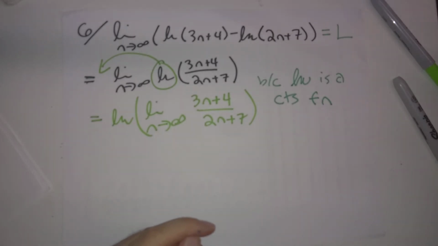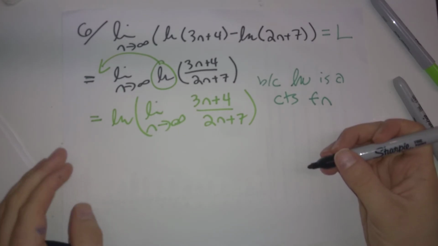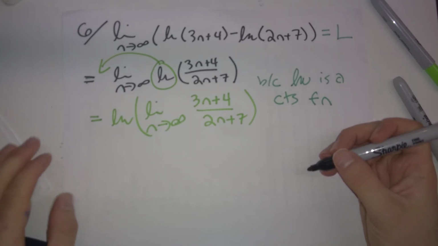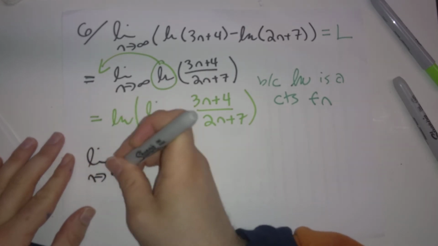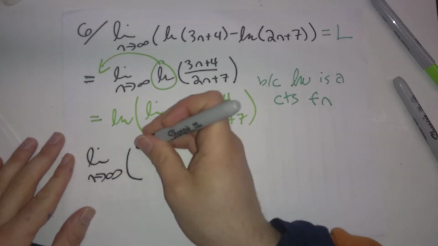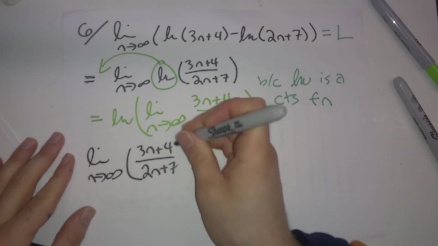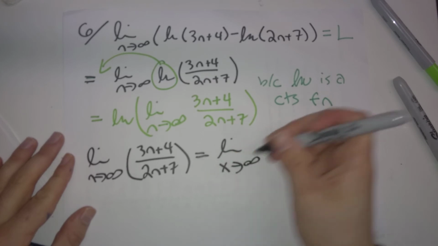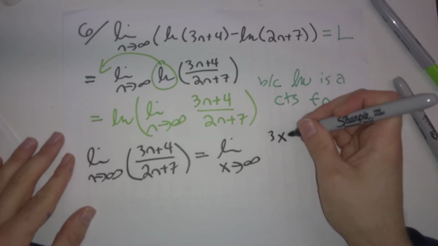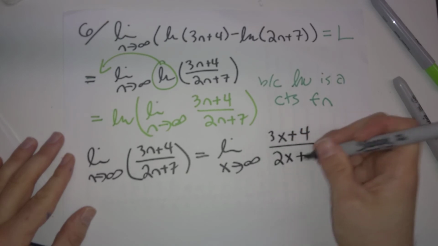The reason I'm bringing this up is so I can transform the n's to x's and use L'Hopital's rule. So the limit as n goes to infinity of 3n plus 4 divided by 2n plus 7 is equal to the limit as x goes to infinity of the same expression. I'm just replacing the n's with x's, so I can use L'Hopital's rule.